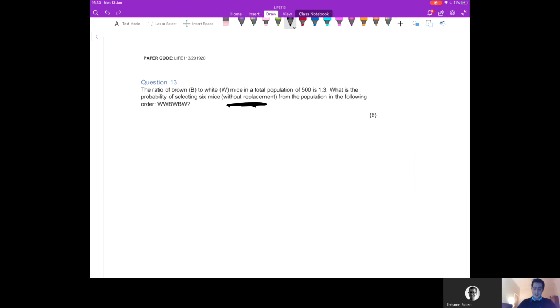Okay. So first of all, how many black mice are there? Well, if I want to express that as a ratio, then to calculate how many black mice there are, I divide 500 by 4, which is 125, and then multiply by that 1, which is still 125.